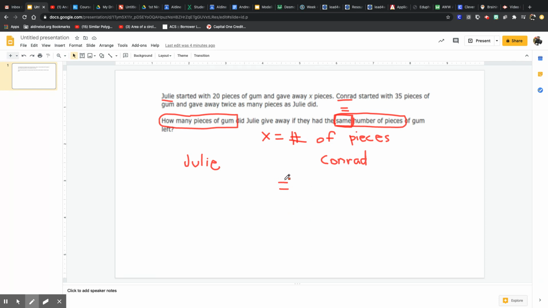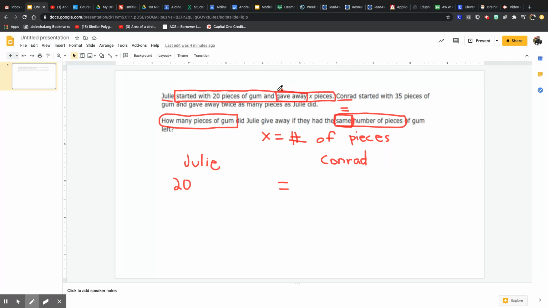All right, so now let's look at what it tells us about Julie's pieces of gum and Conrad's pieces of gum. Julie started with 20 pieces and gave away X pieces. So there's Julie's information right there. At the beginning, she had 20 pieces of gum, and then she gave away.